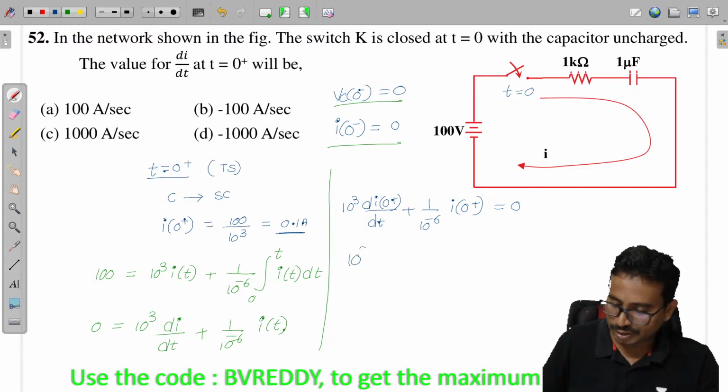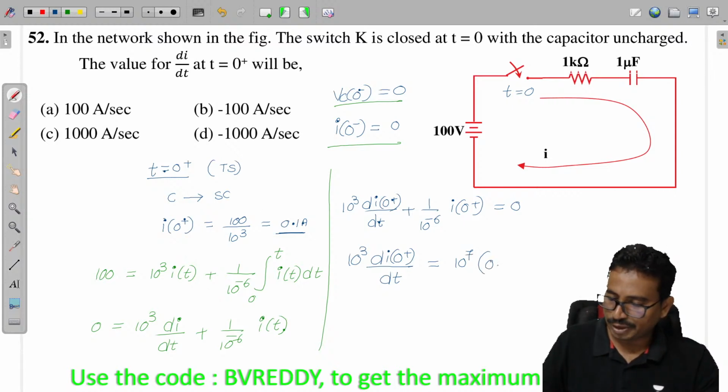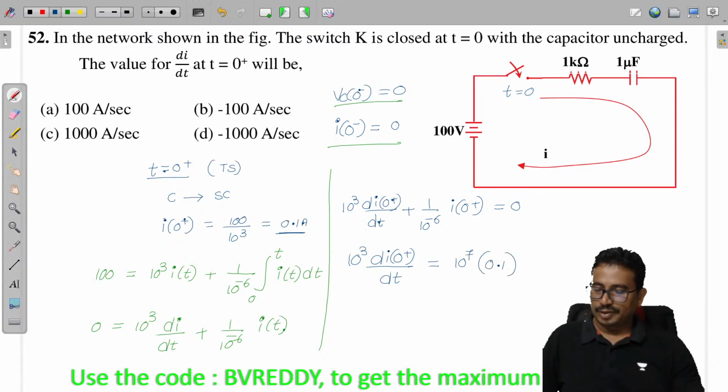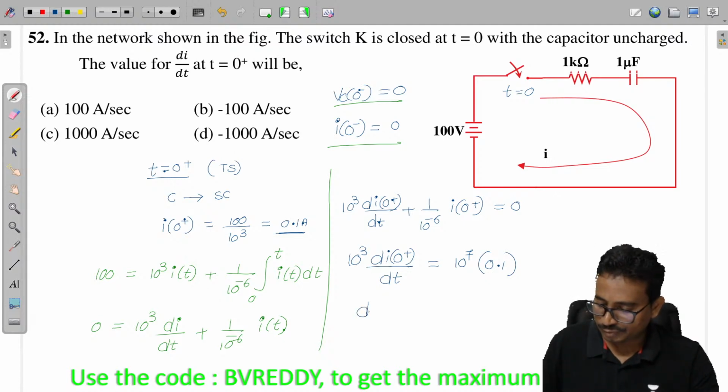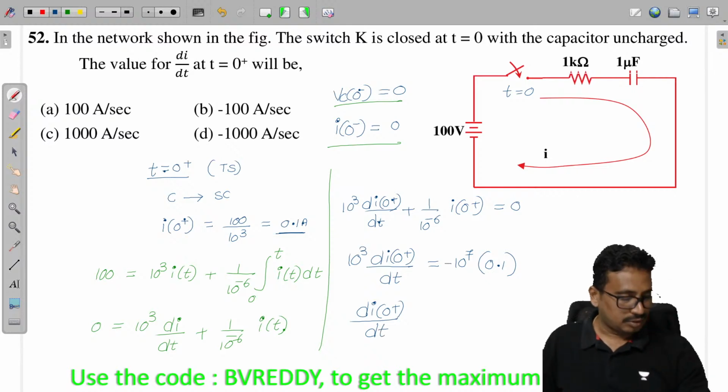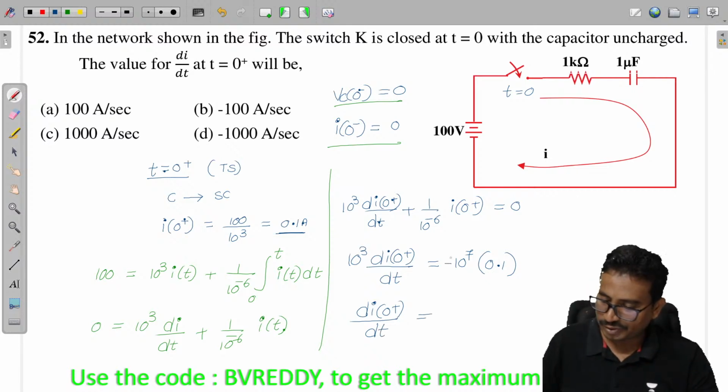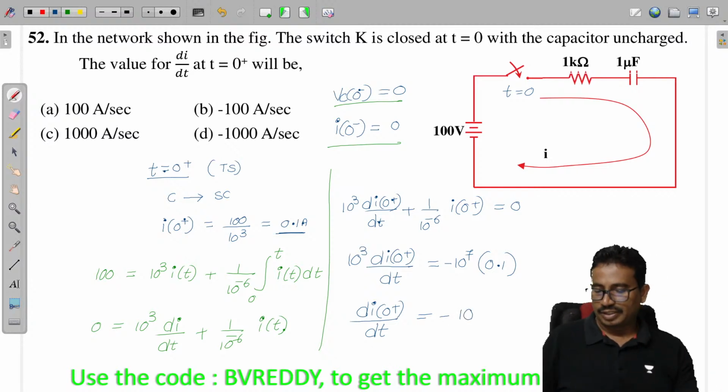So from this, 10 cube into di of 0 plus by dt is equal to 10 power 7 into 0.1, and finally we get di of 0 plus by dt.